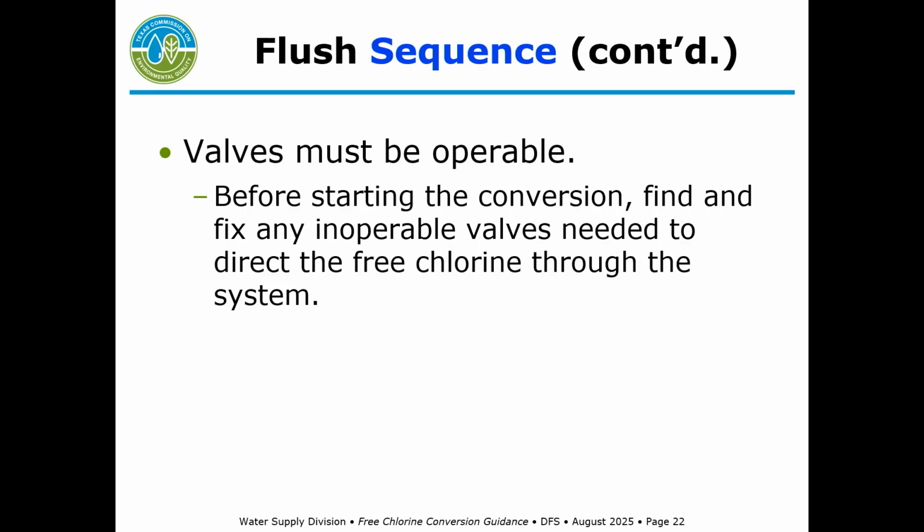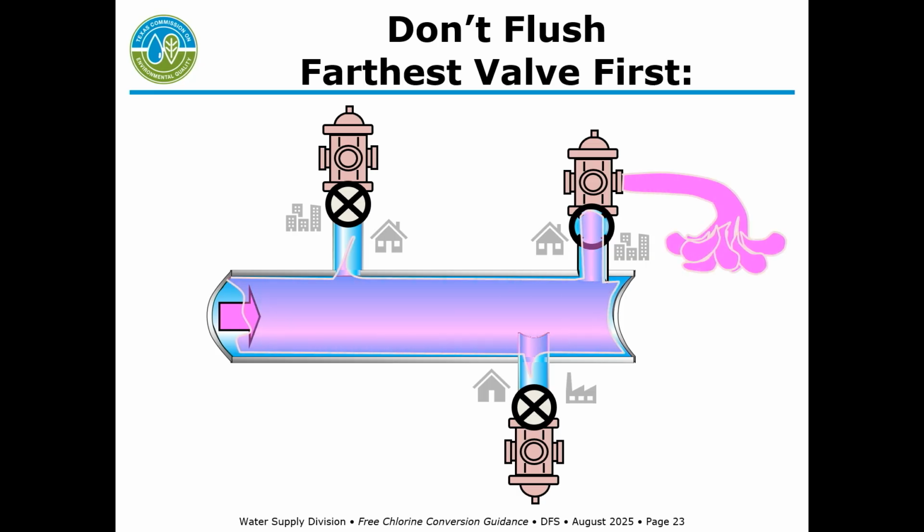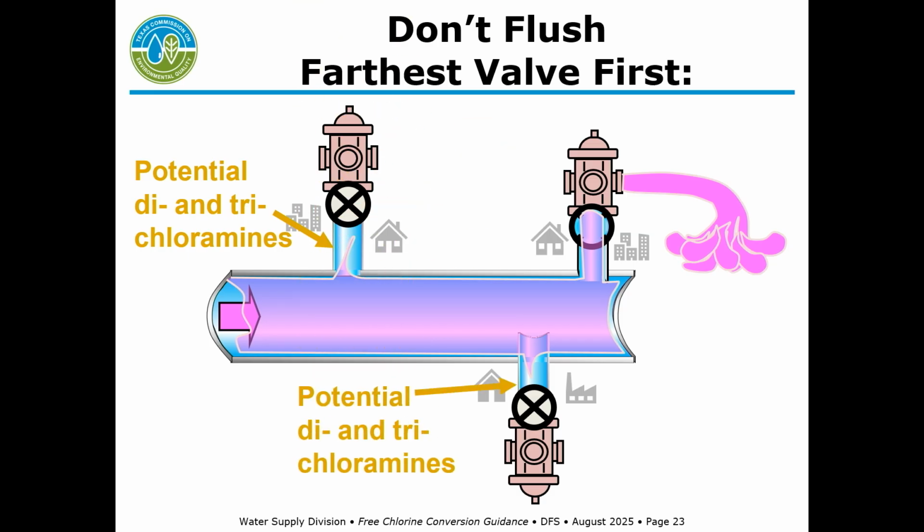Here's an illustration of why you don't want to flush at the farthest end of your distribution system first when you're putting free chlorine in. This figure represents your distribution system with different branches, and each branch has customers on it of different sorts. If you start flushing at the end first, you can get in these areas where you're not flushing hard.